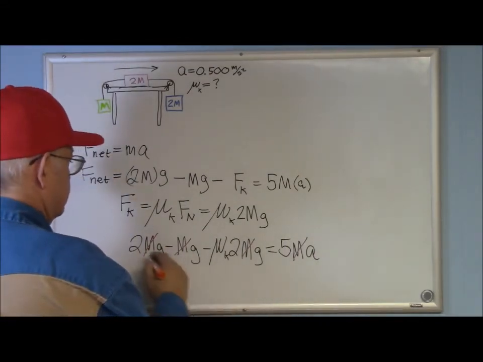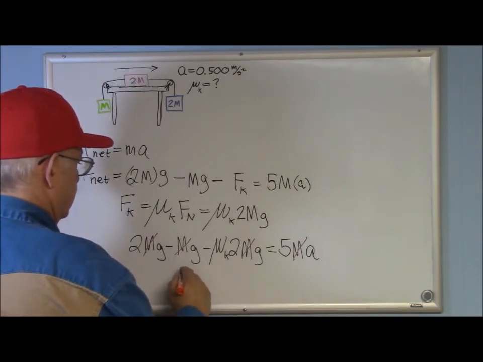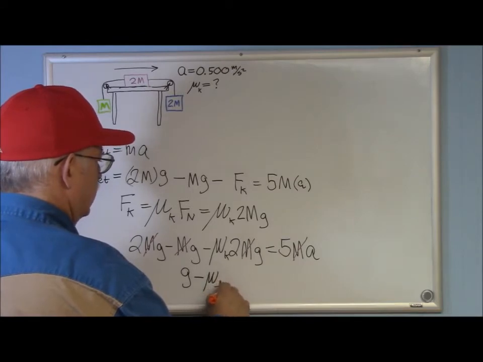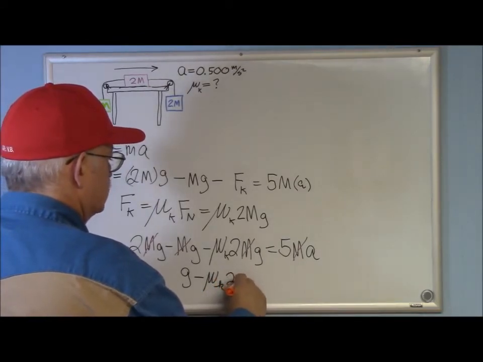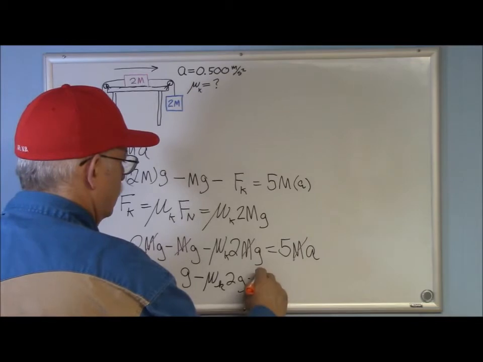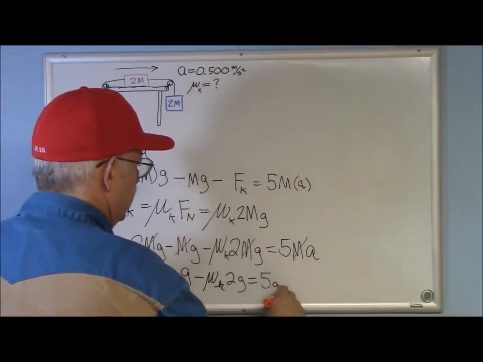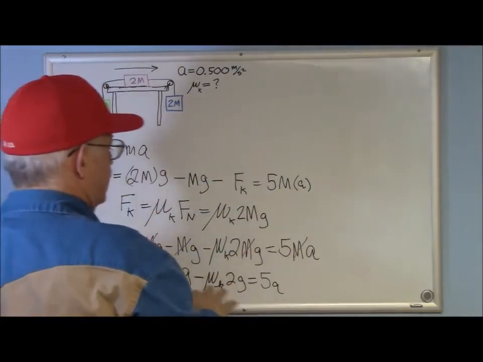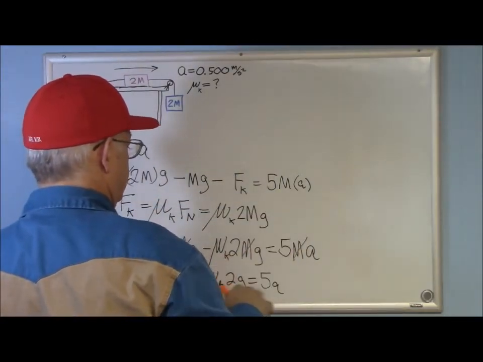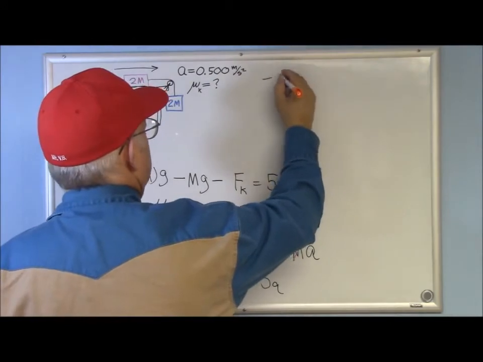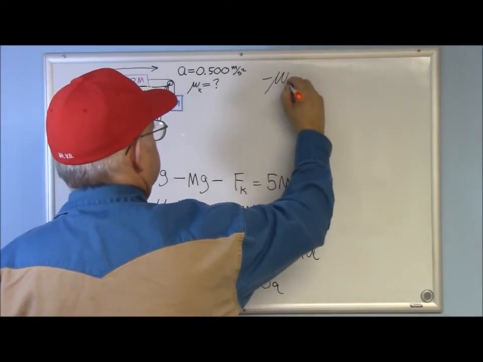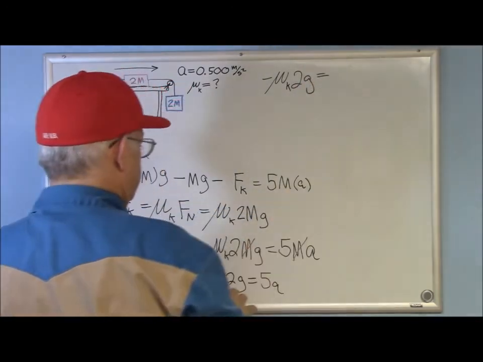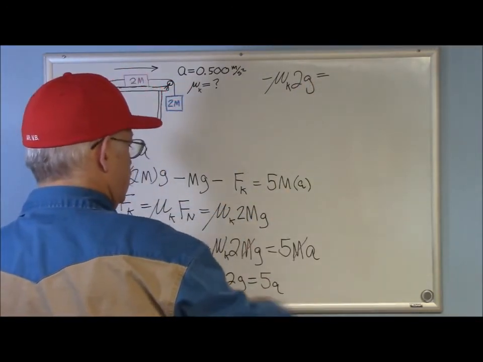Well, that's going to just be g minus mu sub k 2g equals 5a. So let's take this equation, pull it up over to the top here, while we also at the same time rearrange it. We'll have negative mu sub k times 2g being equal to 5a minus g.